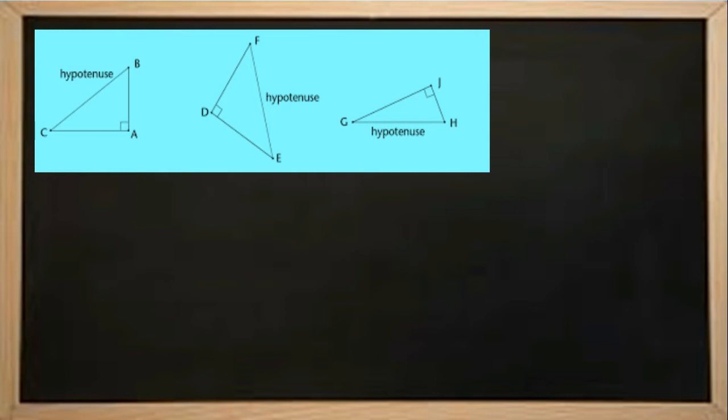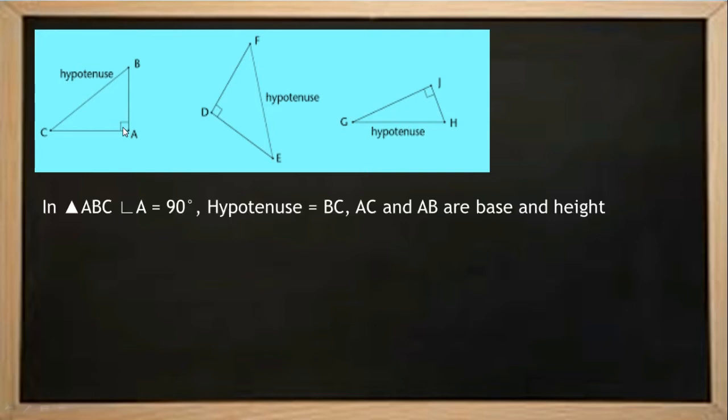Here there are three diagrams. In the first diagram, triangle ABC, angle A is right angled, that is 90 degree. Hence, BC will be the hypotenuse and the remaining two sides AC and AB are the base and height. Similarly, in the second diagram, triangle DEF, angle D is marked as 90 degree.